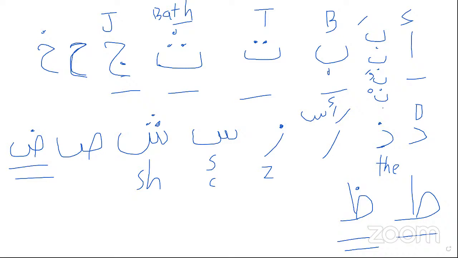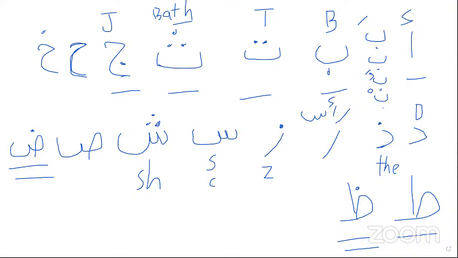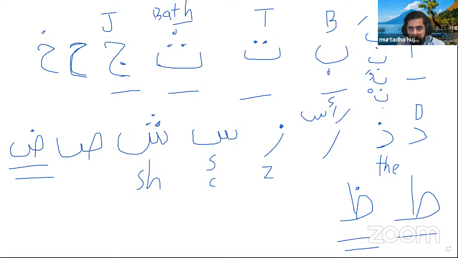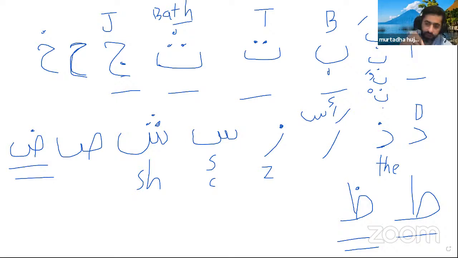When it starts with M, usually it's talking about a place. متحف, museum. مدرسة, school. مرسم, drawing studio, and so on and so forth. We will take the root and put an M.